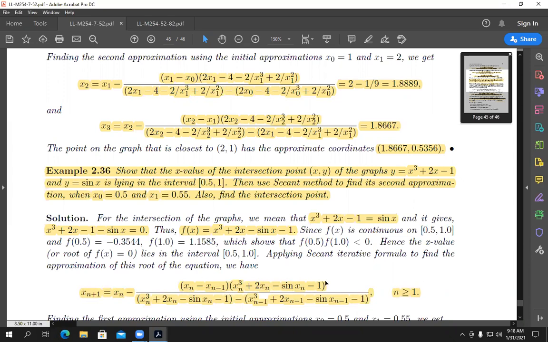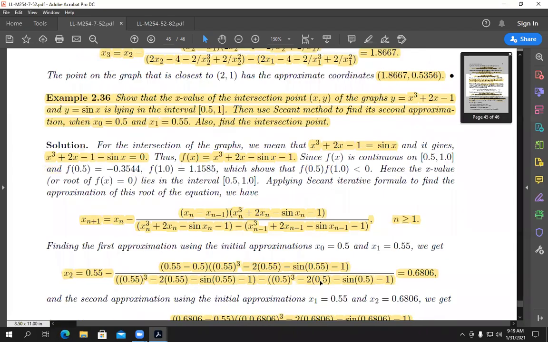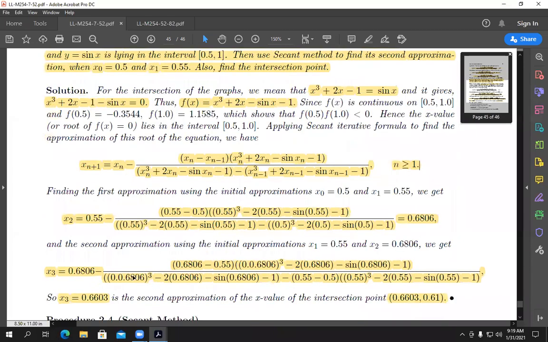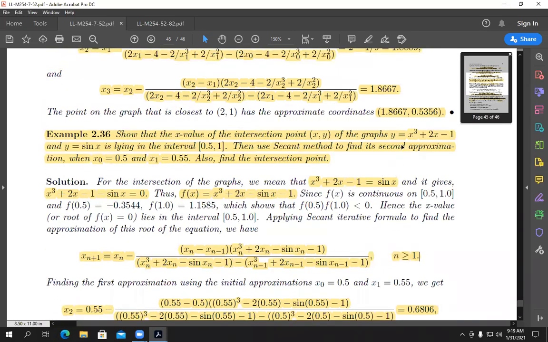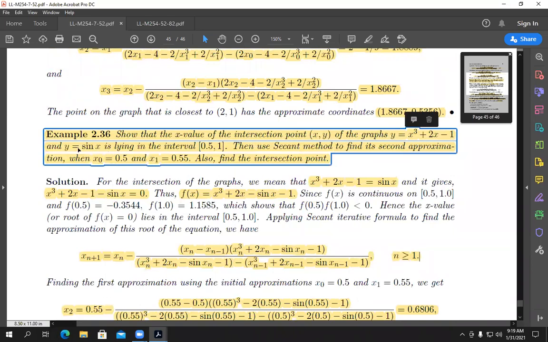Now you use this formula 2 times, and then you find x3. This is the value of x. You need the value of y. How can you find the value of y? Put x3 in either function, this or this one, and you have the answer of the problem.